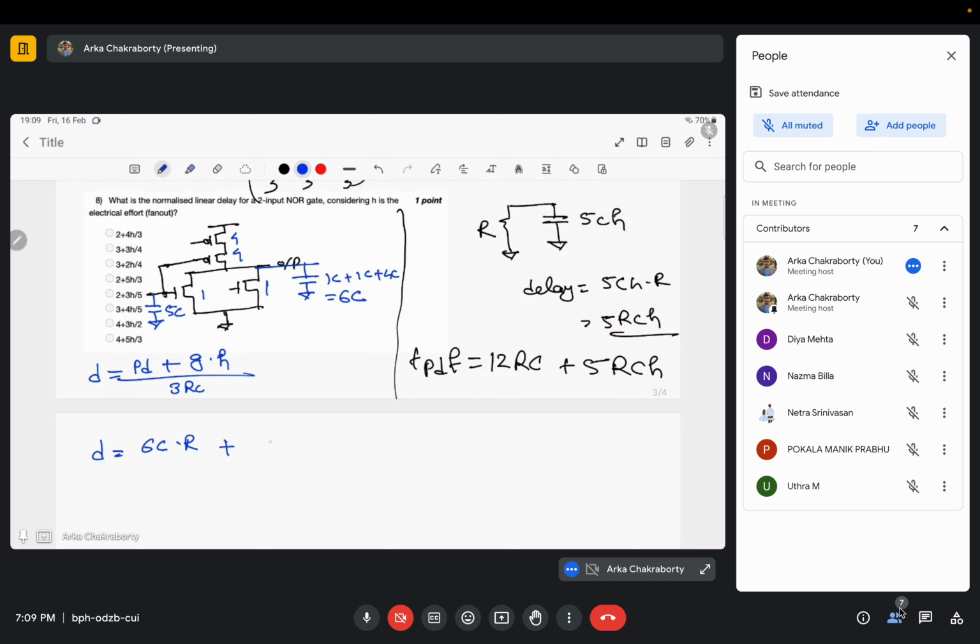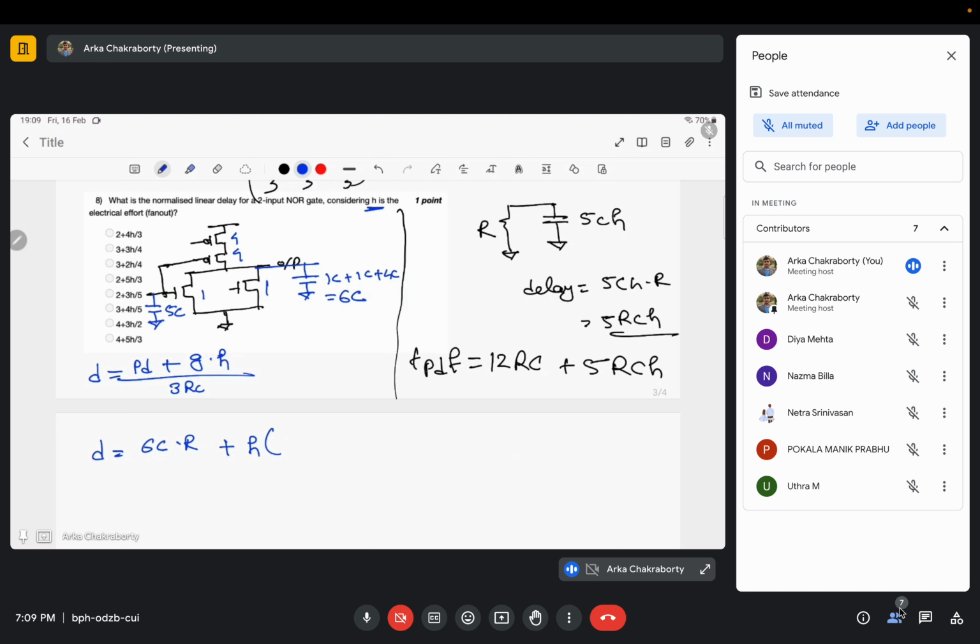What is my electrical effort? It has been given, electrical effort is H. And what is my logical effort? What is the logical effort of a NOR gate? We have to find it out. What is logical effort's definition? What does logical effort tell you?